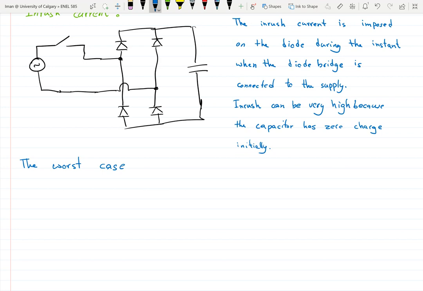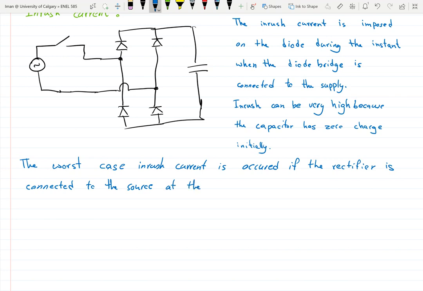The worst case inrush current occurs if the rectifier is connected to the source at the maximum voltage.